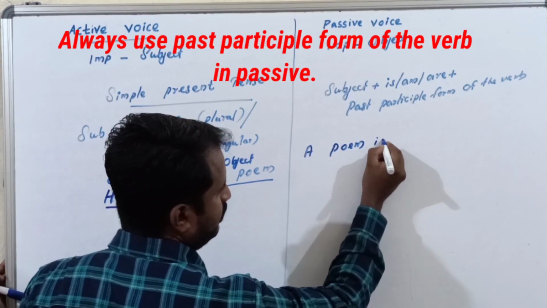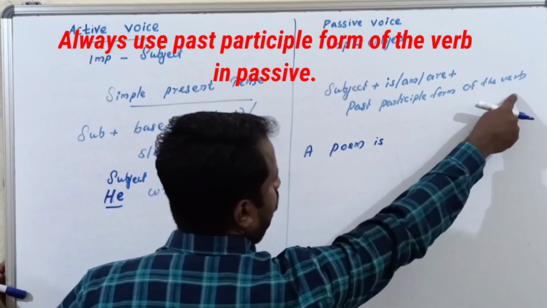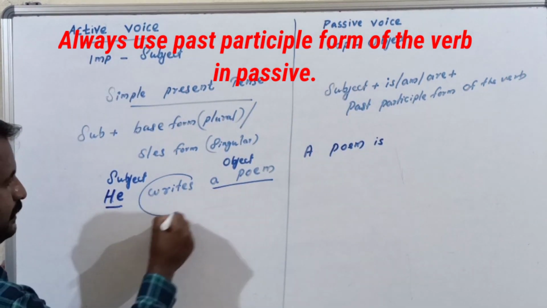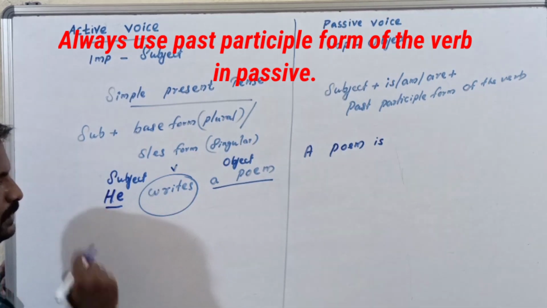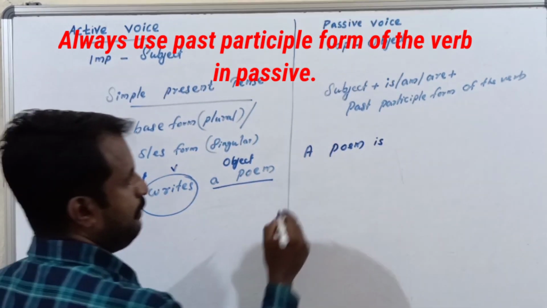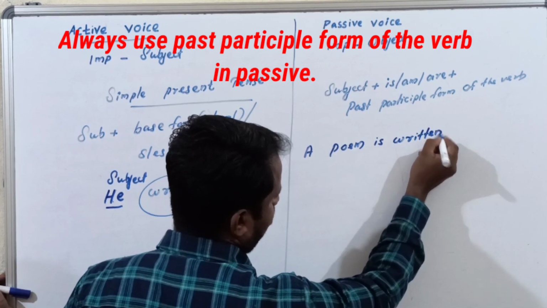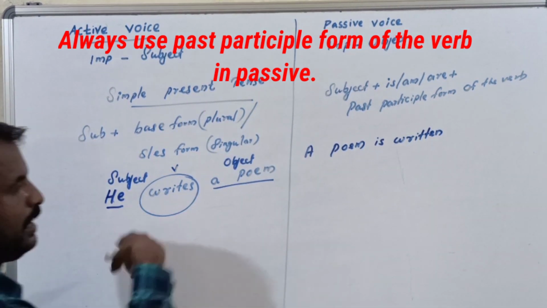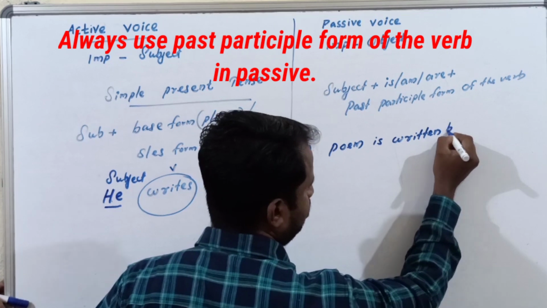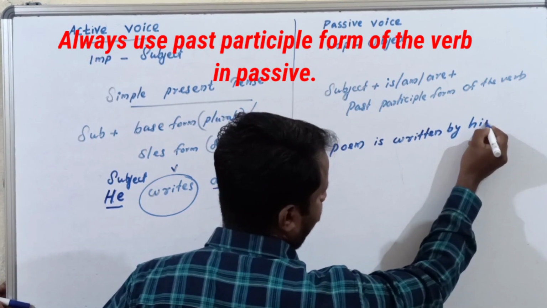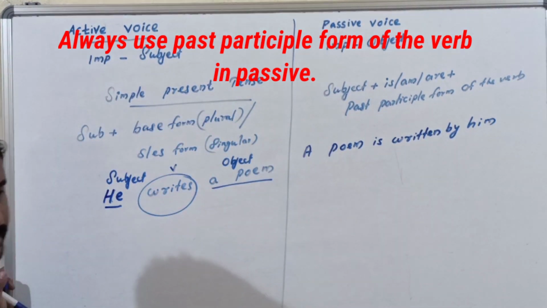A poem is. Then the past participle form of the verb. Here writes is the verb, right? What is the past participle form of the verb? Written. A poem is written. Who has written the poem? He. When we convert into passive, you write by him. A poem is written by him.